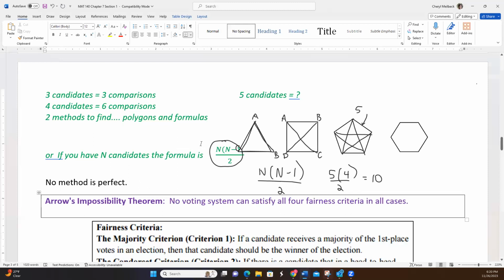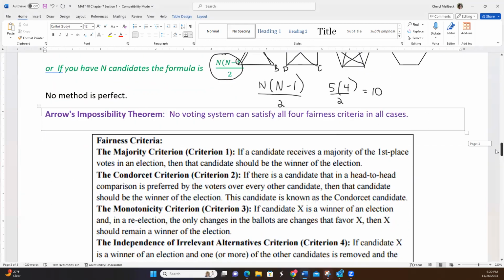It's kind of funny here because Alaska has gone to the method of plurality with elimination, but you're always going to have a candidate that is upset. We have seen that in our elections here.